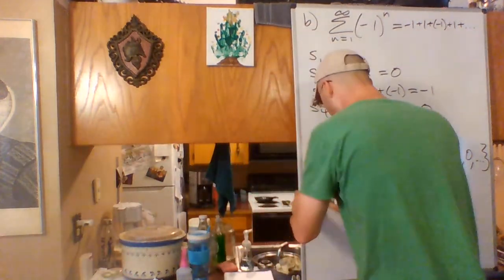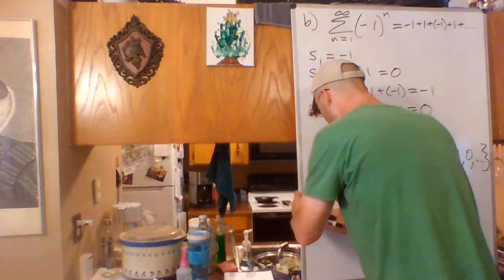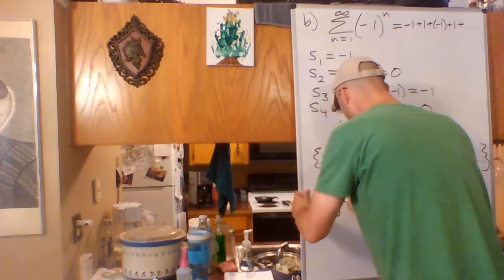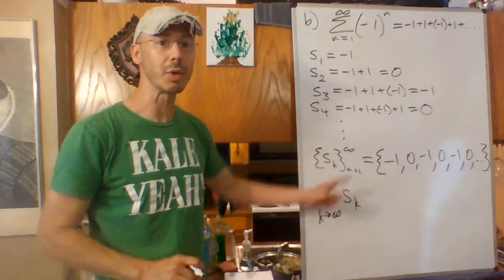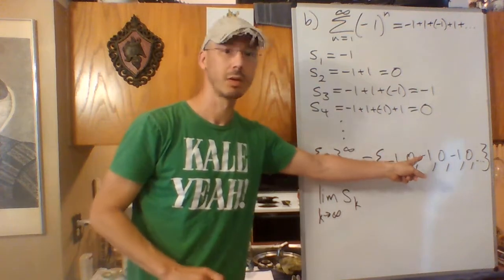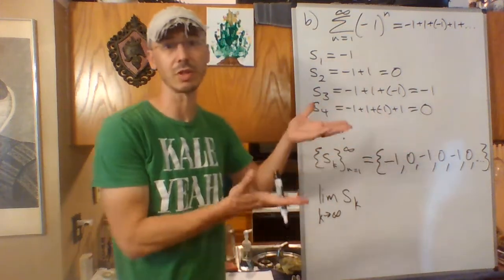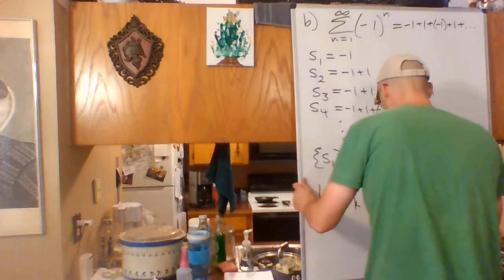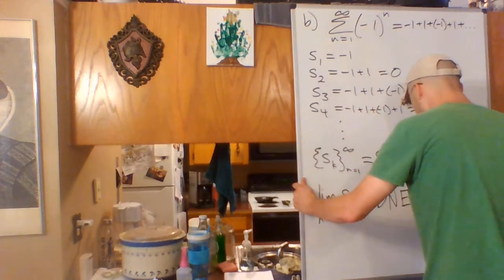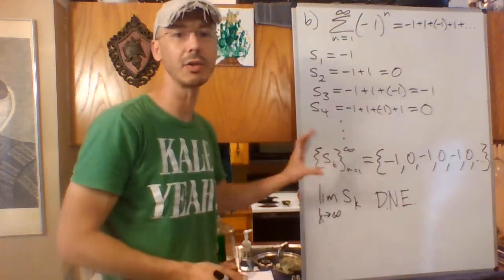And you can see from that the limit as k goes to infinity of sk, is it approaching a number? No, it's kind of approaching two numbers, but it's always going to the other one, so it does not exist. It's one of those limits that alternates back and forth between two values.